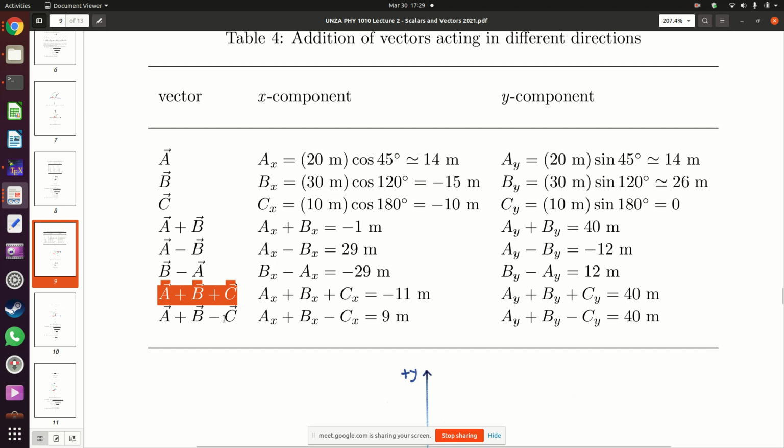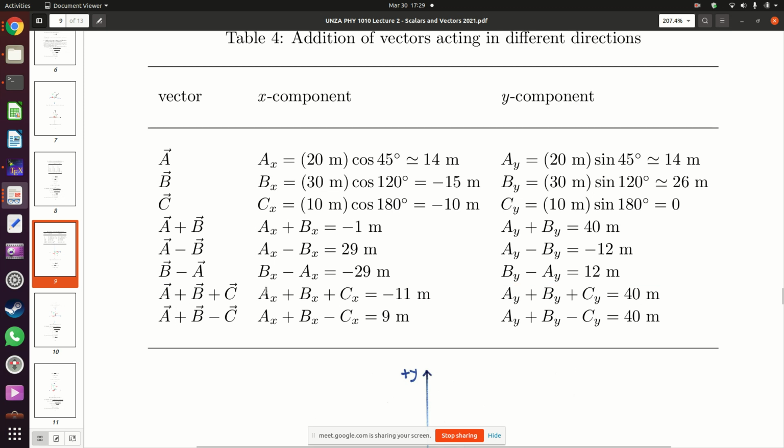Along the x-axis, A plus B plus C has a size of minus 11 meters, meaning that it is pointing along the negative x-axis. Then A plus B plus C along the y-axis, AY plus BY plus CY, has a size of 40 meters.